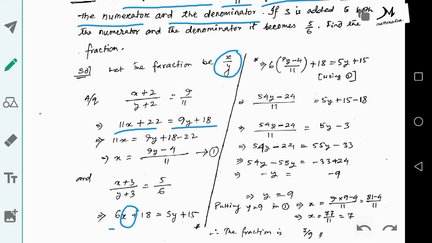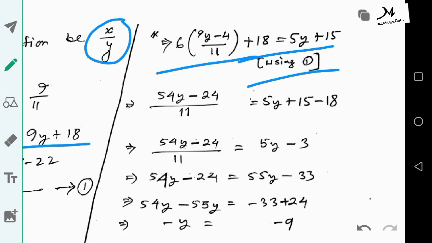Let us put the value of x here, and doing so we have got 6 into (9y minus 4) by 11 plus 18 is equal to 5y plus 15, using equation number 1.